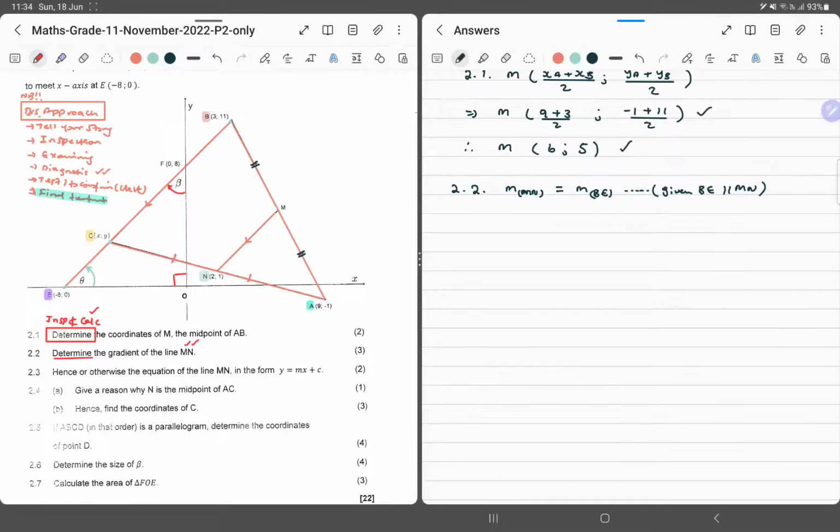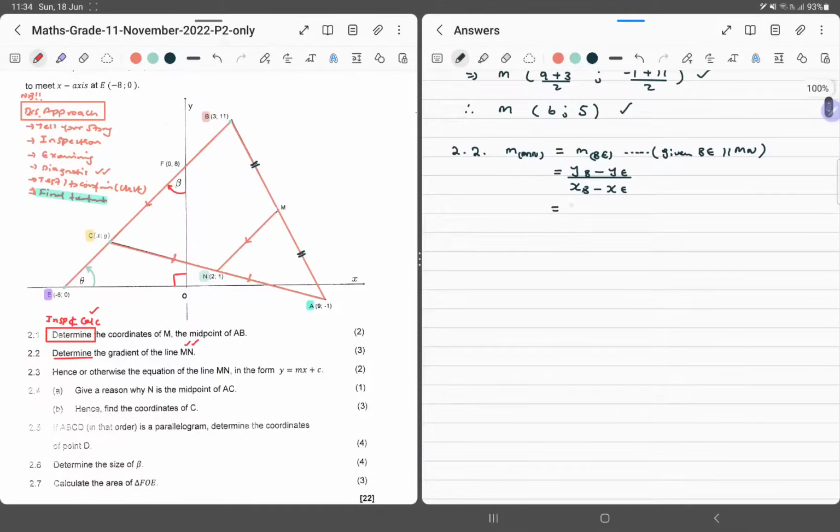So parallel lines have equal gradients. But now we want to use this as a means to an end. That means y at B minus y at E over x at B minus x at E is that gradient.